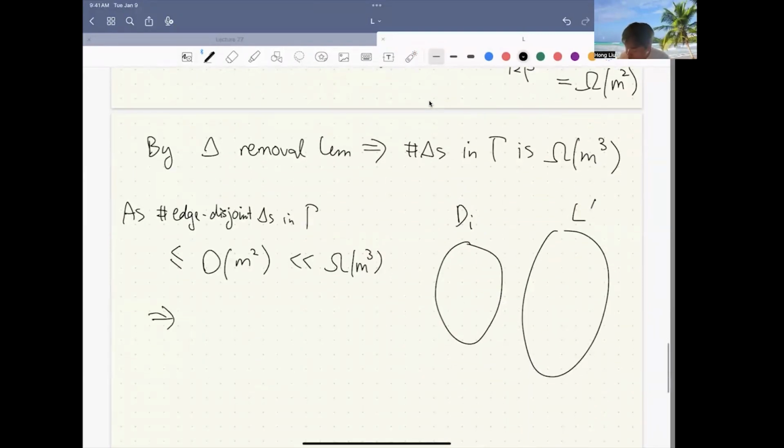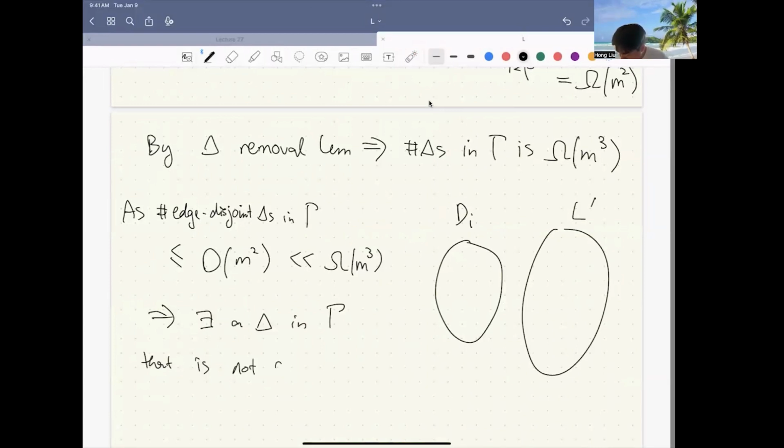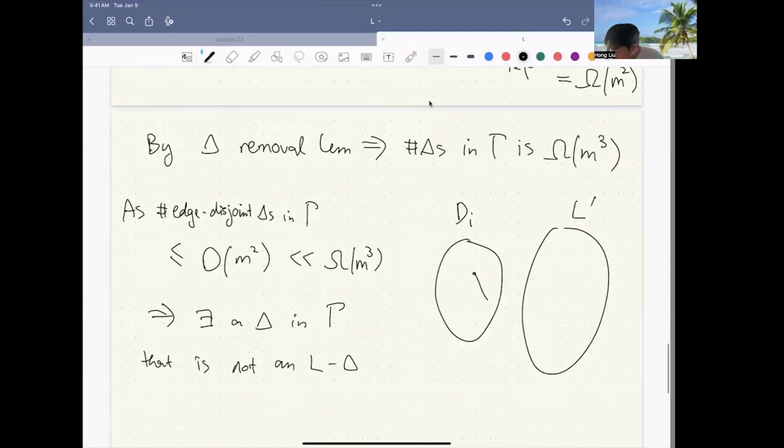This implies there exists a triangle in gamma that is not an L triangle. So what does it mean? You have this triangle that looks like this, where this edge is coming from some purple point, this edge is coming from some black one, and this one is coming from some blue one.